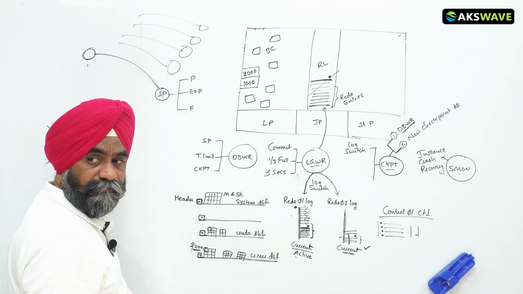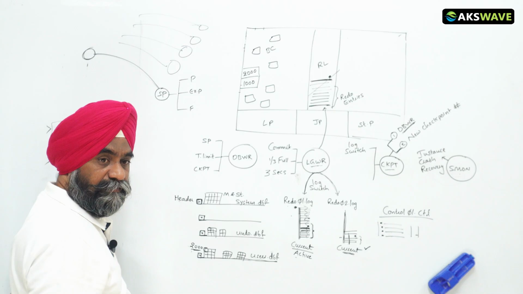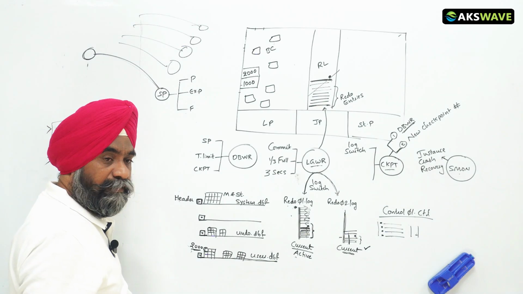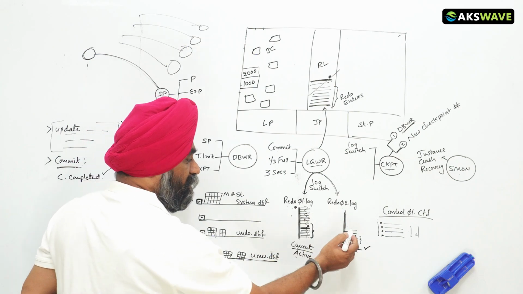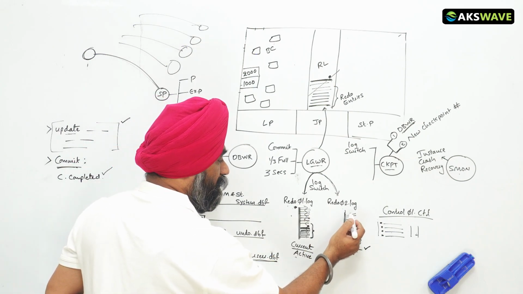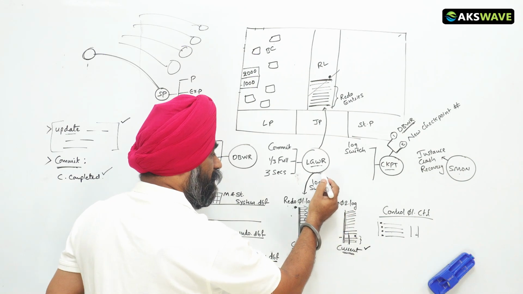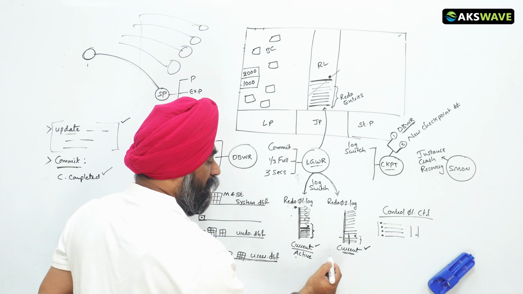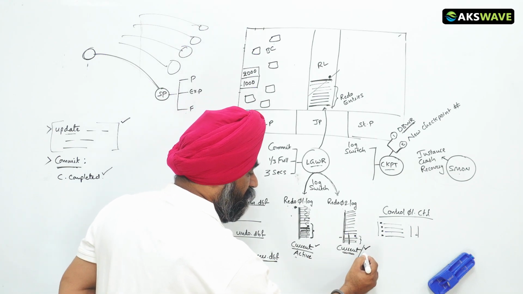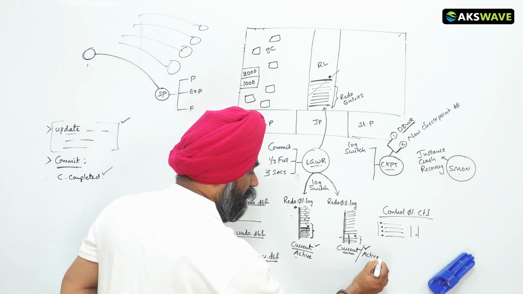Current. Understood, please? Is that correct? Yes, it is writing to the current one. So once it gets filled up, what happens? Immediately log writer starts writing to the next one. This will become the new current and the previous current is changed from current to active.